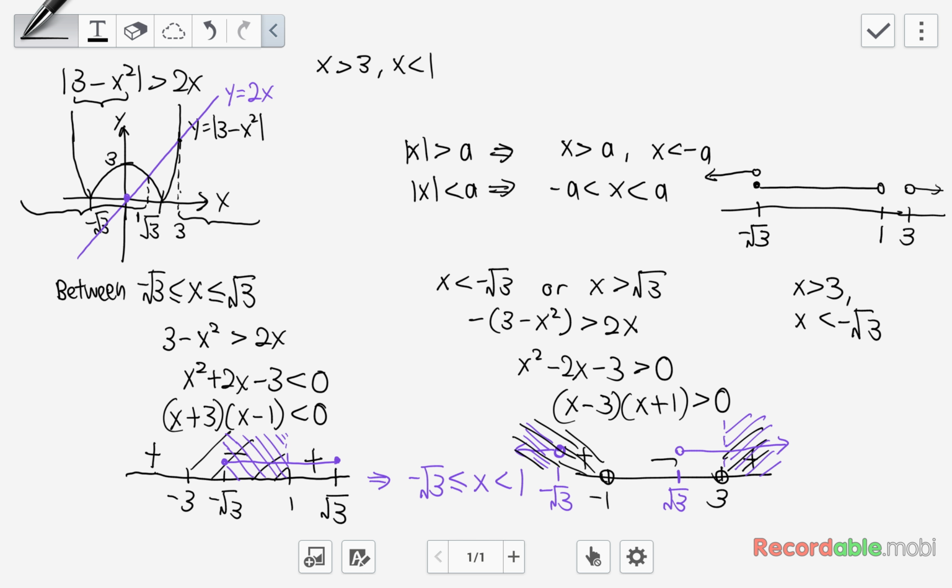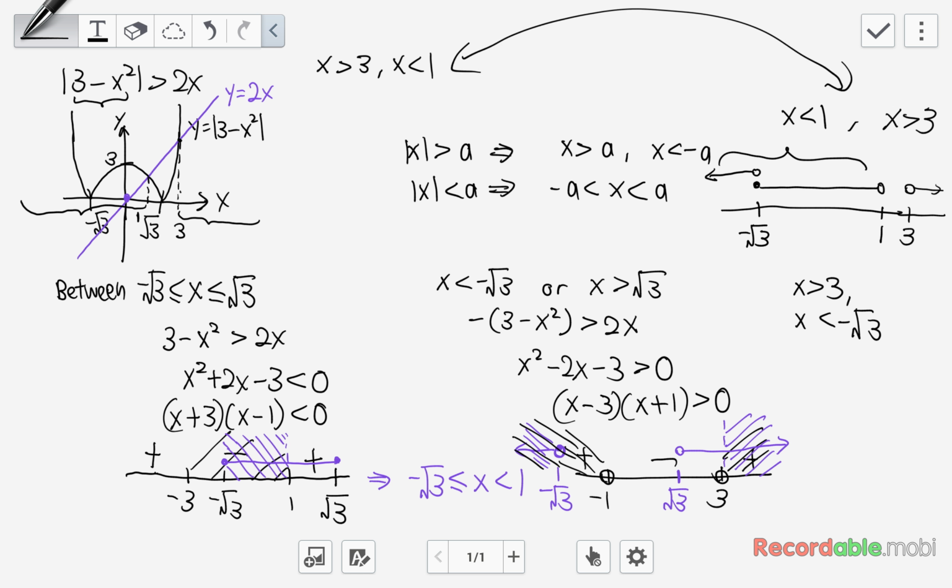Finally, this is the union, and this is our answer. So x smaller than 1 all the way, including minus root 3 and smaller. And the other inequality here is x greater than 3, which is the same as the answer that we have gotten earlier.